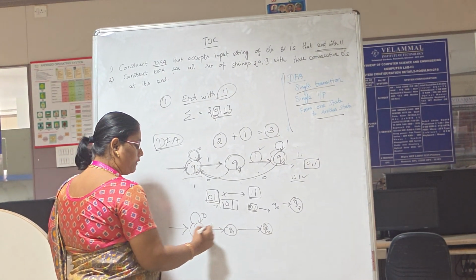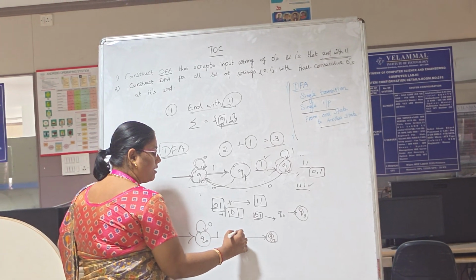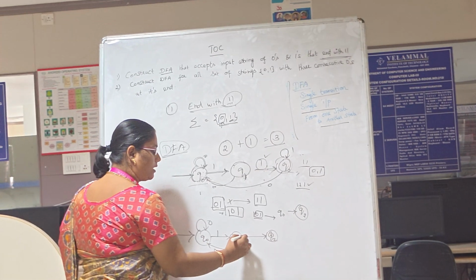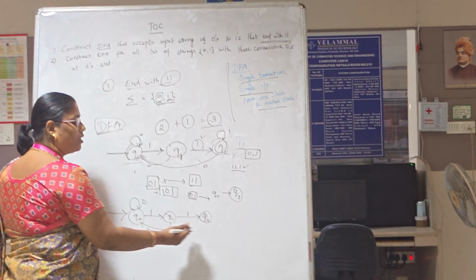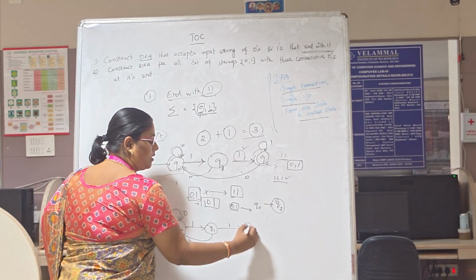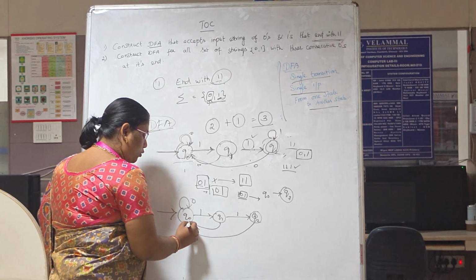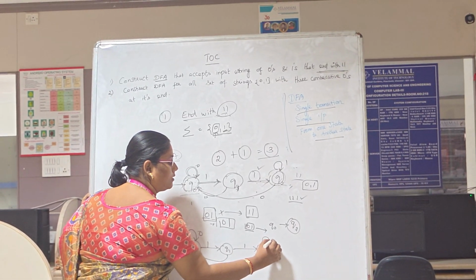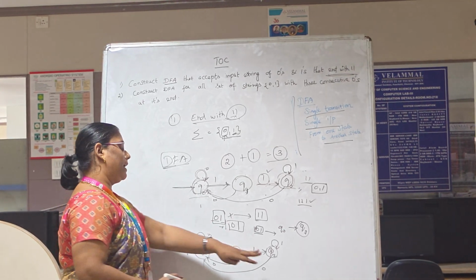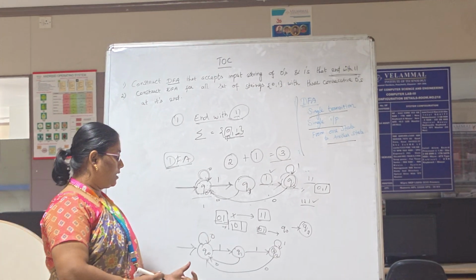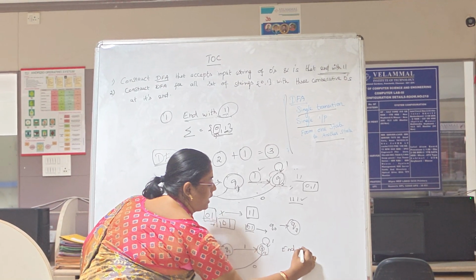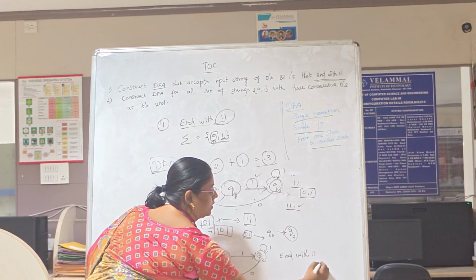After reading 1, it moves to the Q1 state, and there if I read 0, I move to the Q0 state again. If I read 1, I move to Q2, and if I read 0 there, again I come to the starting state. If I have 1, no problem, so I have a self loop.